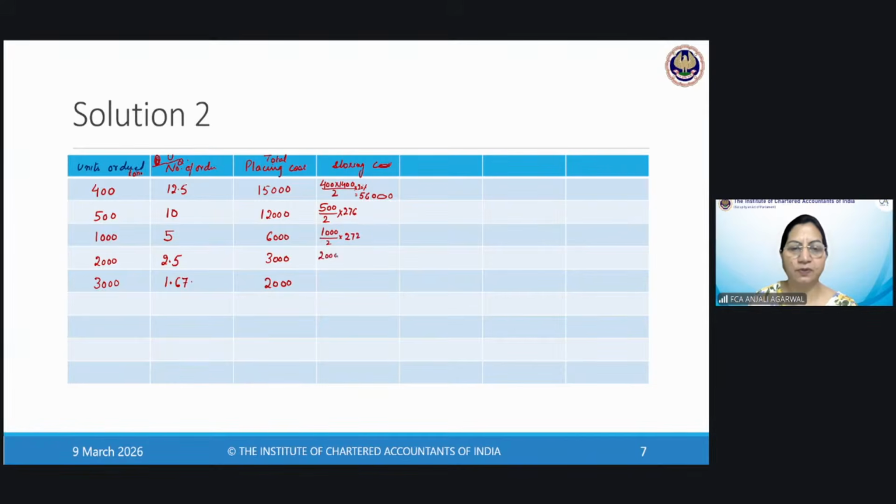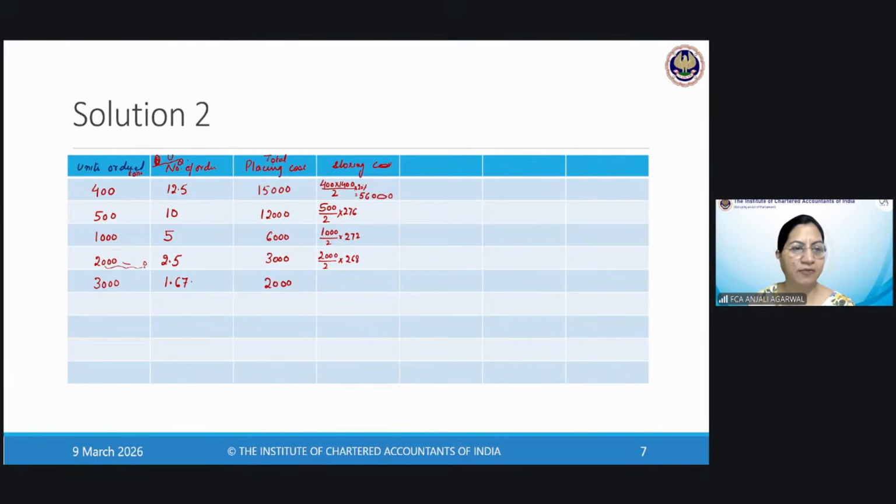2000 divided by 2. Why do we do average? Because we are consuming these units. So when you have ordered 2000 units, your stock is 2000, and then from 2000 it is falling to 0. So on an average, you will be holding 1000 units. There will be a day when you have 2000 units, and a day when you will have 0 units because you have consumed all this.